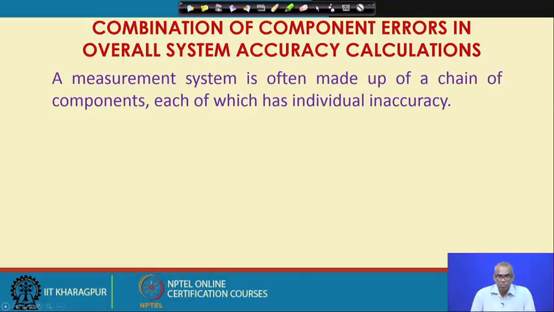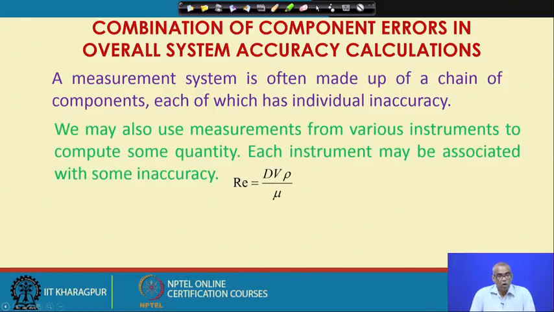A measurement system is often made up of a chain of components, each of which has individual inaccuracy. We may also use measurements from various instruments to compute some quantity. Each instrument may be associated with some inaccuracy. For example, Reynolds number is given as d V rho by mu.